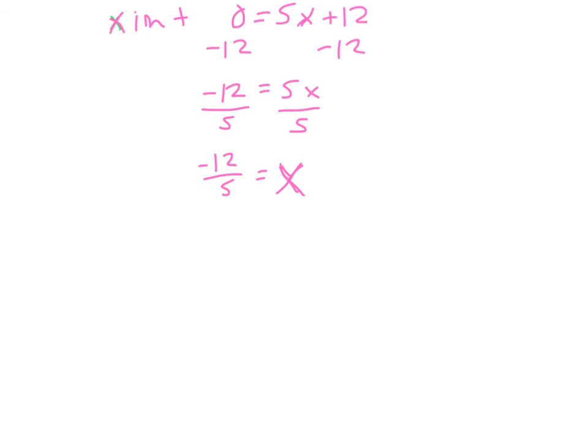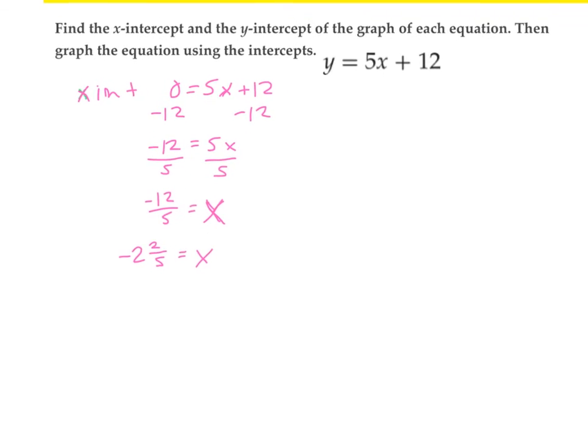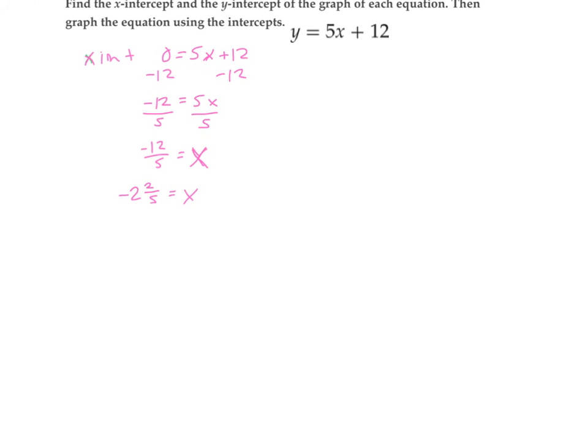We can change this to a mixed number so it'll be easier for us to graph it. 5 goes into 12 twice with 2 left over. So this would be negative 2 and 2/5. So going to our graph now.